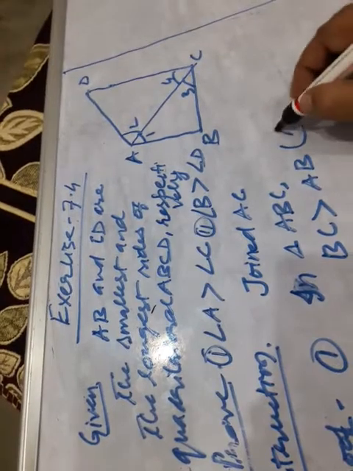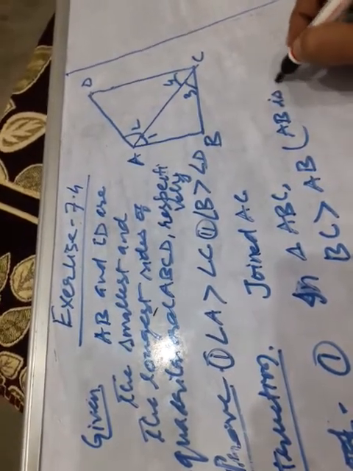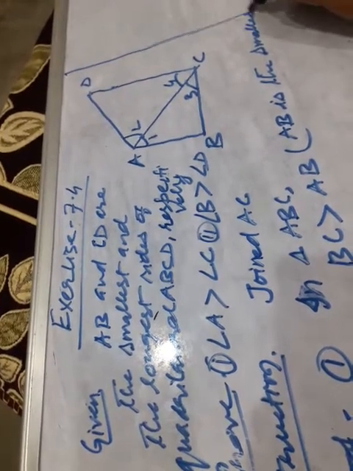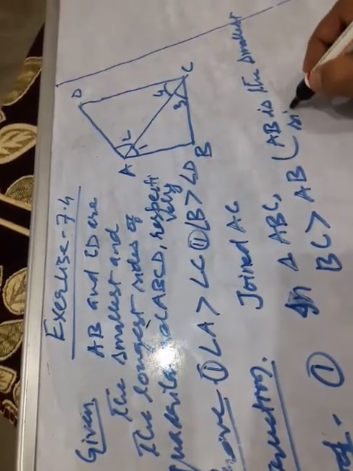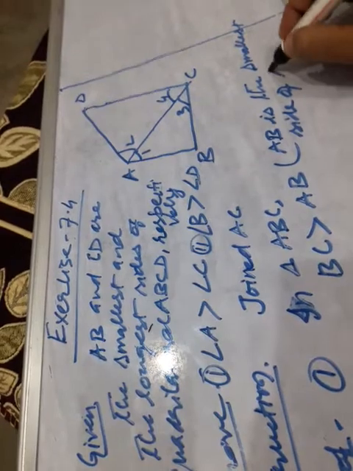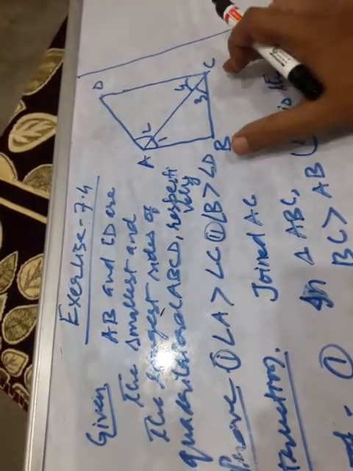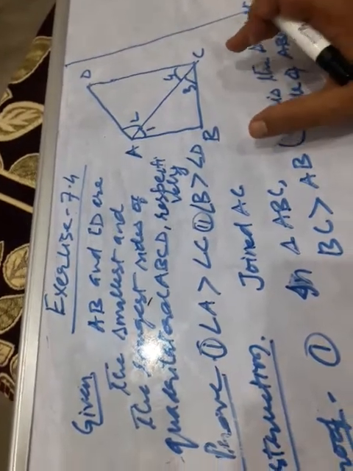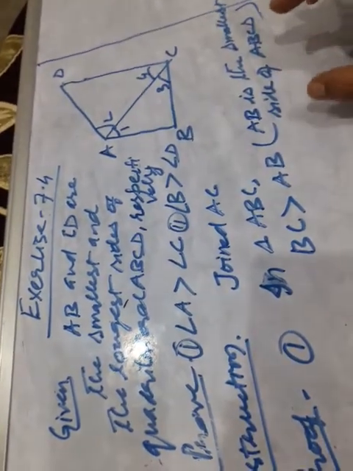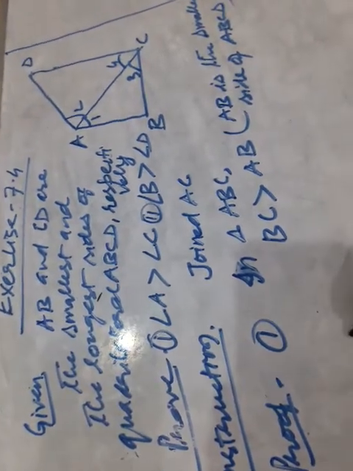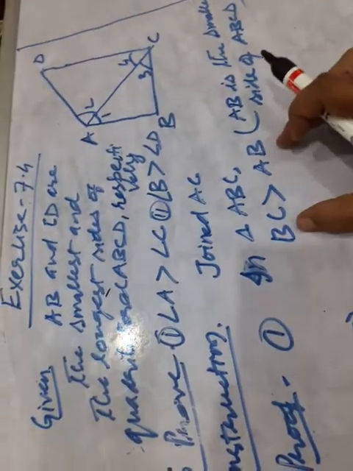Because AB is the smallest side of ABCD. It means any other side of the quadrilateral will be greater than AB. This implies that BC is greater than AB.